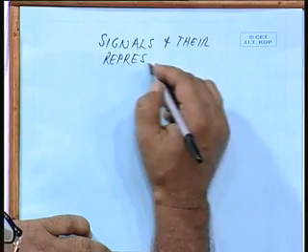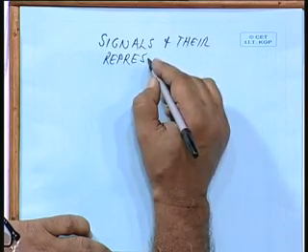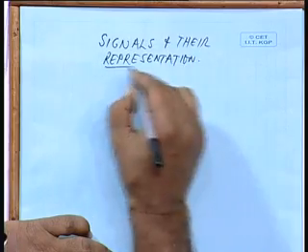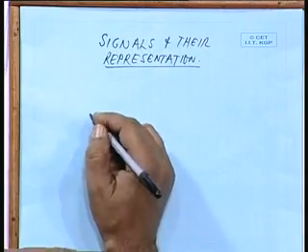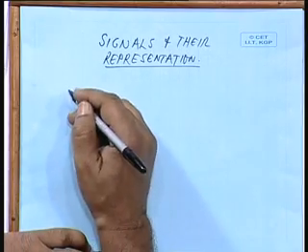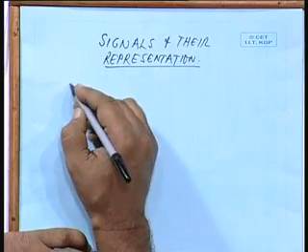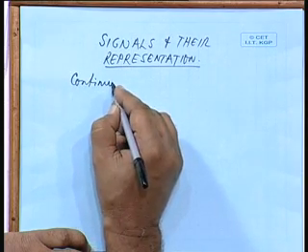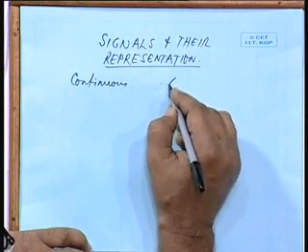We will first discuss simple signals, and then at a later stage we shall be using these signals for different analysis, network analysis, representation. Now, the signals that we shall be discussing are of two types, one is continuous, the other one is discrete.